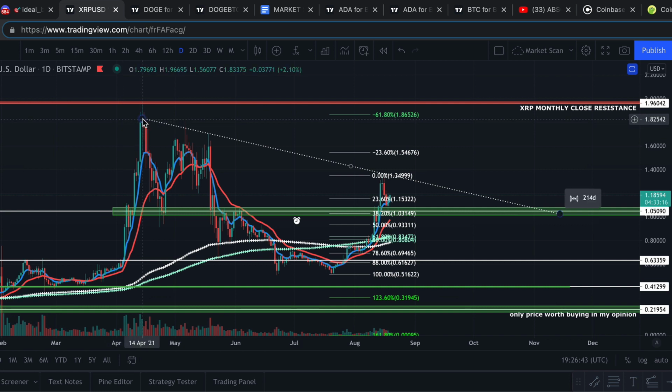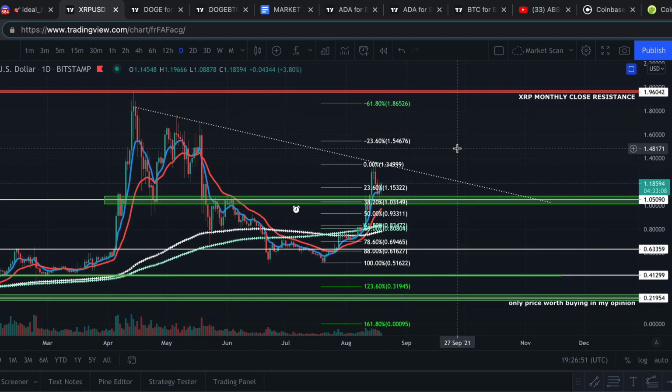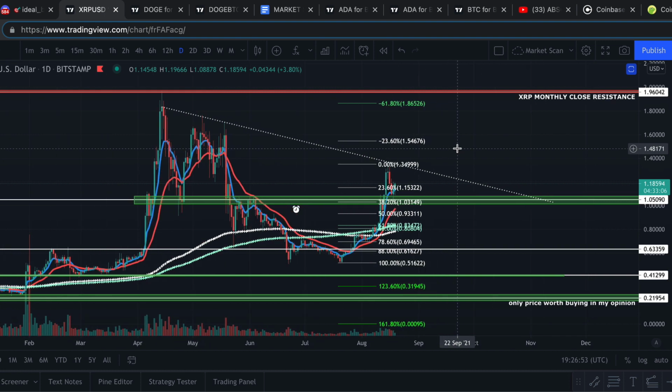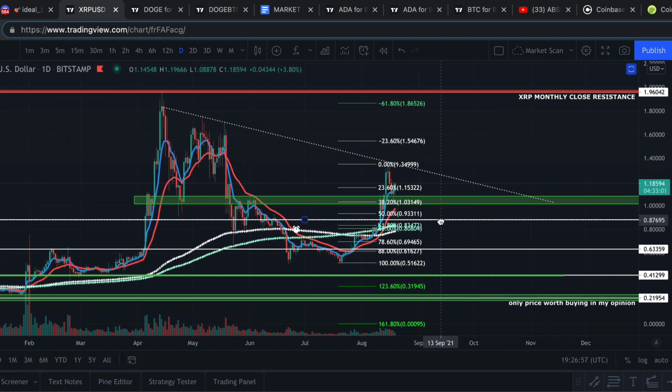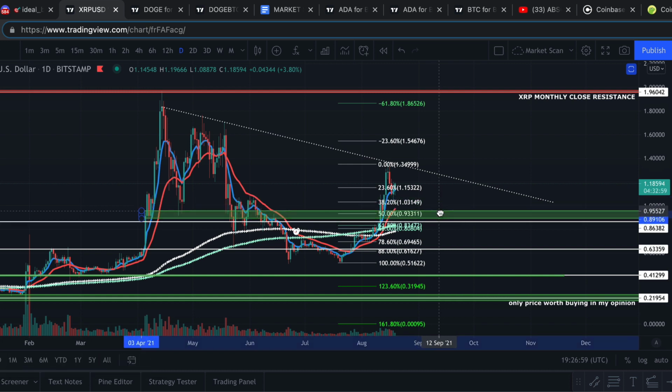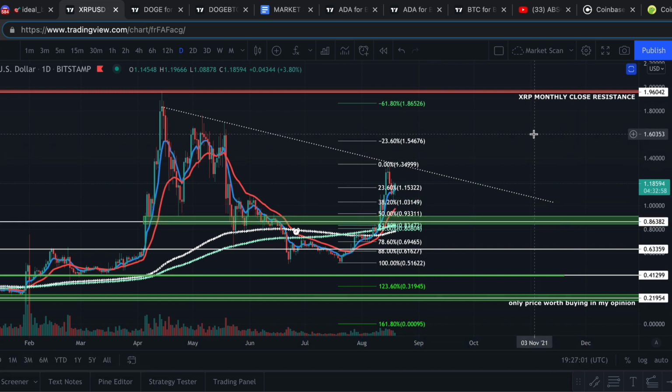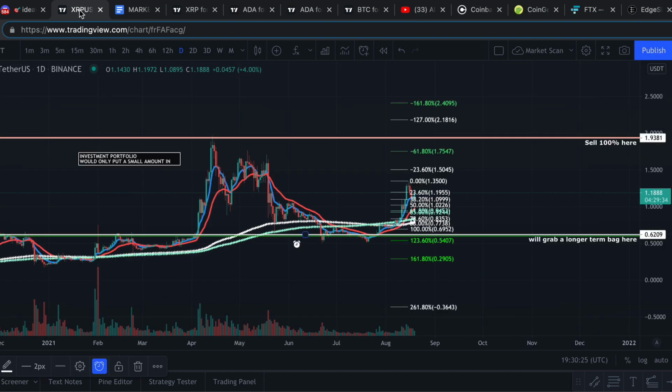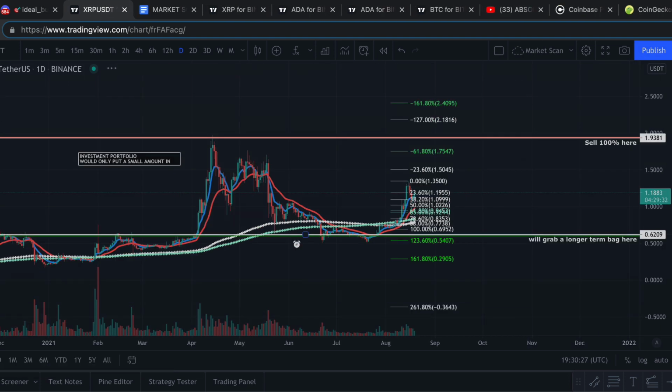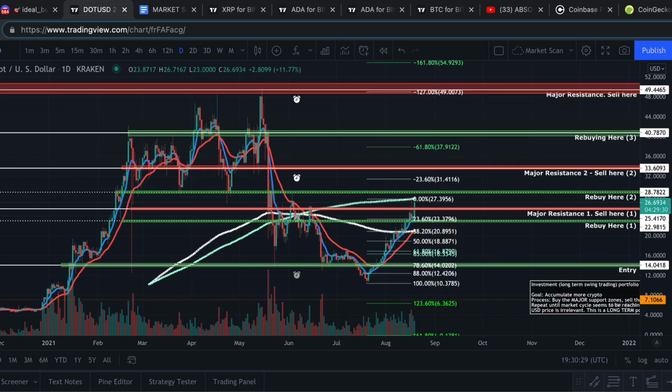I guess that works. Yeah, that sort of works. Well, actually, it works perfectly. Resistance. So, not too big of a fan of XRP. If it comes down there, I'll buy it. So let me put this in the alerts, and that's XRP.